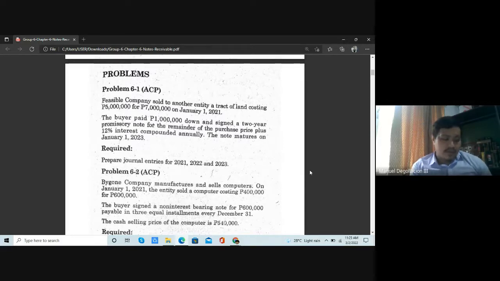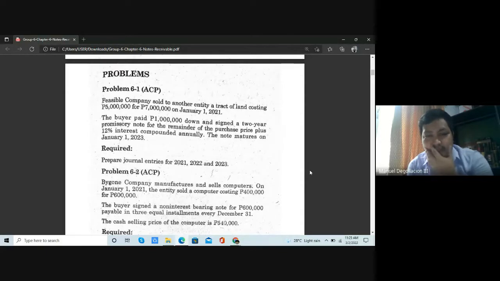Take note, just a matter of one day. Of course, we will have to record the interest on 2022 because the interest is earned in that period. We will not wait for January 1, 2023 to record the interest earned in 2022. But by January 1, 2023, we will record the payment and obviously we will be receiving cash.